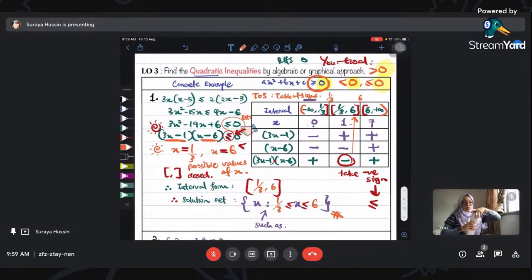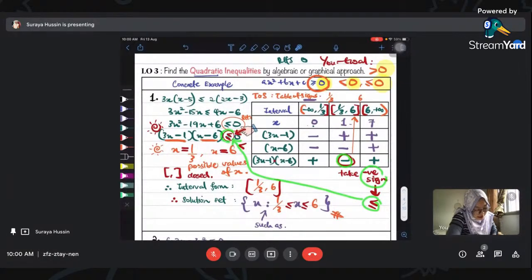Untuk example yang seterusnya. Do you understand why take the negative sign? I repeat ya. We take the negative sign disebabkan pada factorization kita, mesti yang bahagian factorize tau, yang ada dua linear ni, dia memang simbolnya adalah less than or equal.